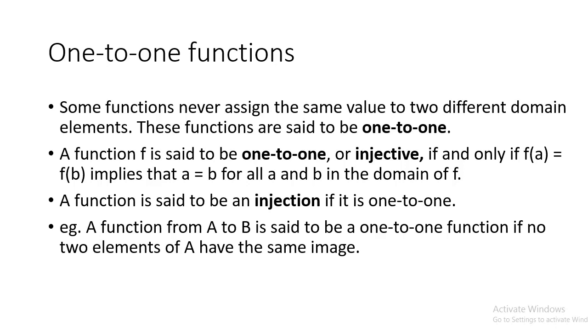For example, a function from A to B is one-to-one if no two elements of A have the same image. That's why this function is called a one-to-one function. Why? Because it never assigns two elements of the domain set to the same image, meaning every element in the domain must have a different image.